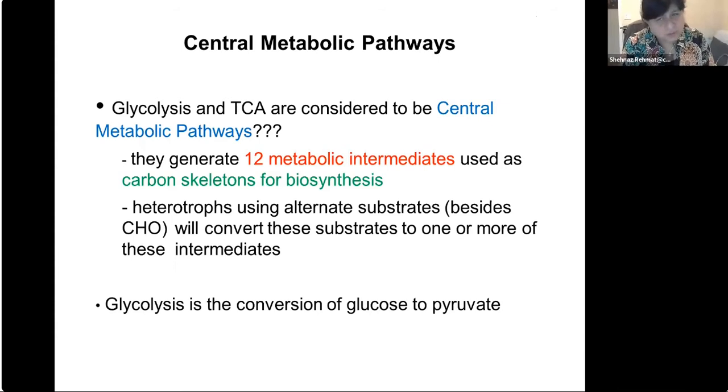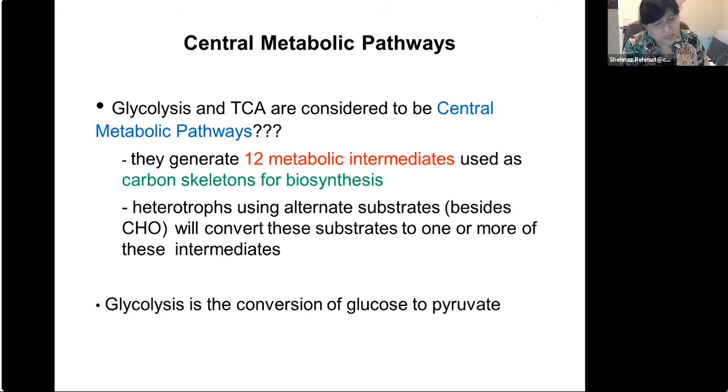Heterotrophs, remember, use organic compounds for their carbon source. They can use other carbon sources besides carbohydrates. We capitalize on working on carbohydrates, but the metabolic pathways for carbohydrates definitely consist of the central metabolic pathways. That means when they use other substrates besides carbohydrates, these will also be converted into some of the intermediates of these two pathways.